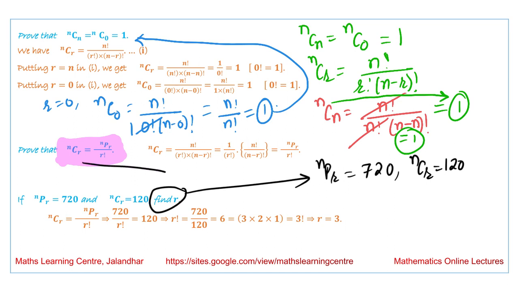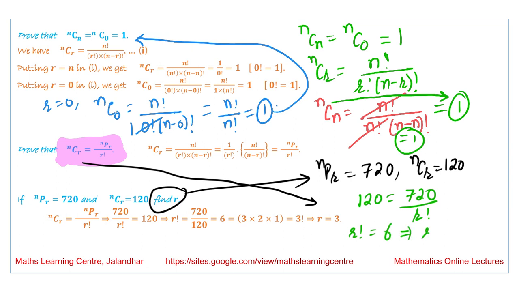So we are using this result over here. So we get 120 is equal to 720 over r factorial. So the value of r factorial is equal to 6, and this implies that r is equal to 3. The value of r is equal to 3.